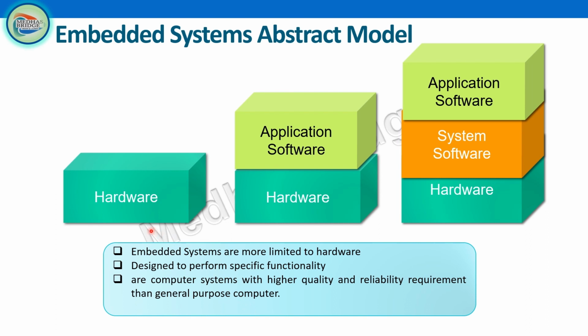There are three ways we can abstract embedded systems. An embedded system can be hardware alone. It can be hardware with application software where we don't require an operating system. For certain applications, there is a need of an operating system to build an embedded system. Isn't it right? So this gives a nice view of how you can model embedded systems.